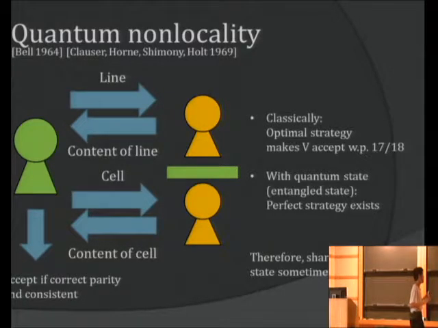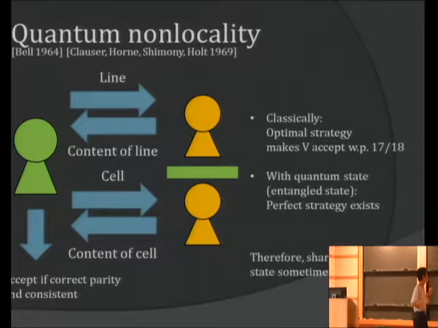So the way to measure can depend on the question, and they decide the answer based on that. So this makes a difference. Whether we live in a quantum world or a classical world makes a difference, even though from the verifier's point of view, everything is classical.